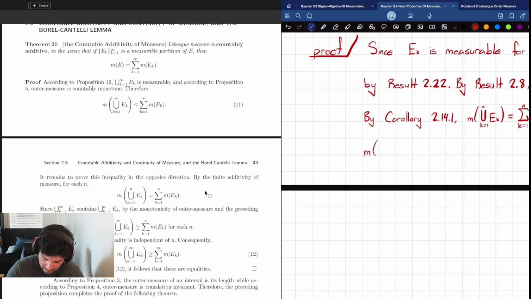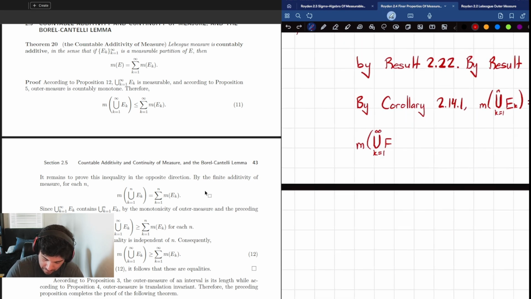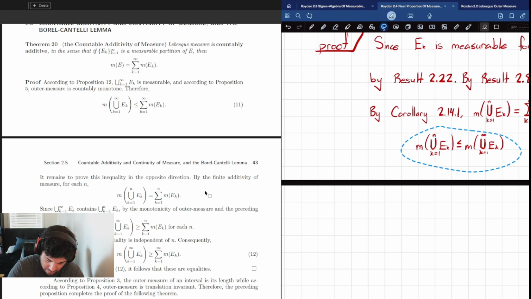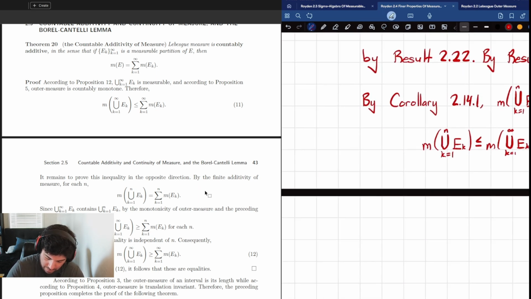The measure. Wait a minute. This is N. And this is equal to the sum.